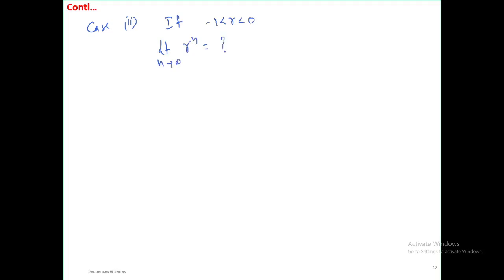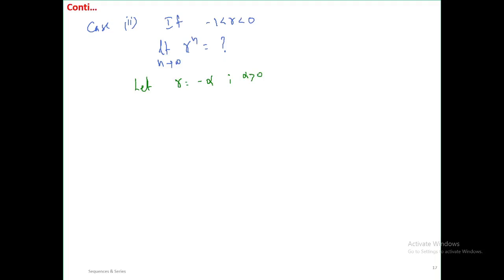Now what I am doing is, listen carefully. If r is negative completely, right? So let us write r as minus alpha, for alpha positive. If alpha is positive, minus alpha is always negative.